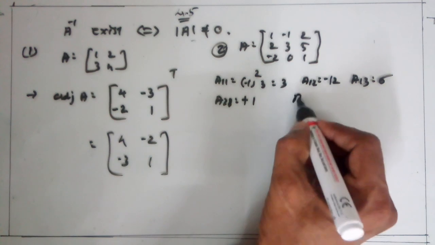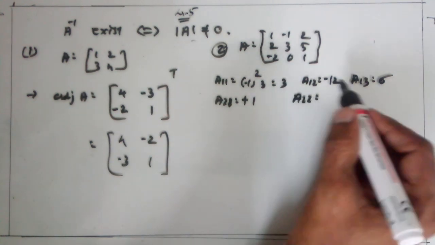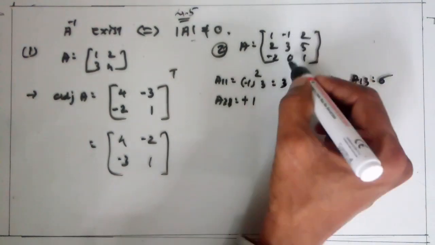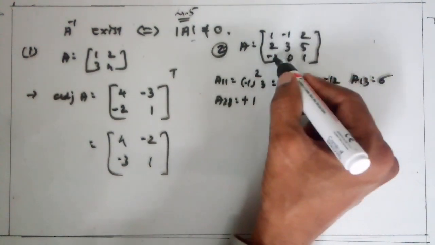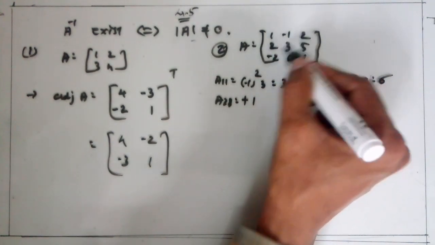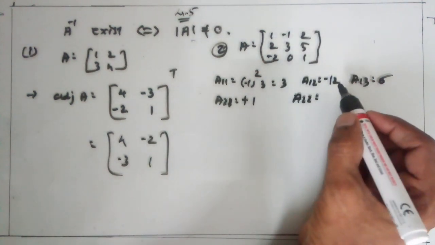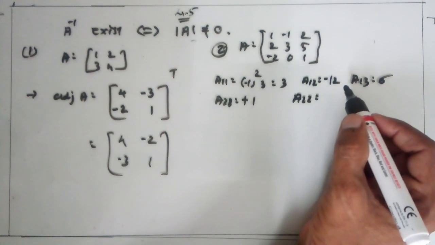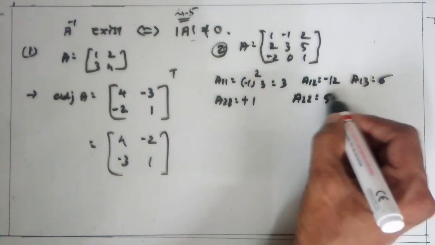Clear? Similarly A22 is equal to (minus 1) raised to 4, which is positive, remove this row and column, the product of these two, 1 minus minus plus 2 to 4, becomes plus 4 plus 1, that is 5.